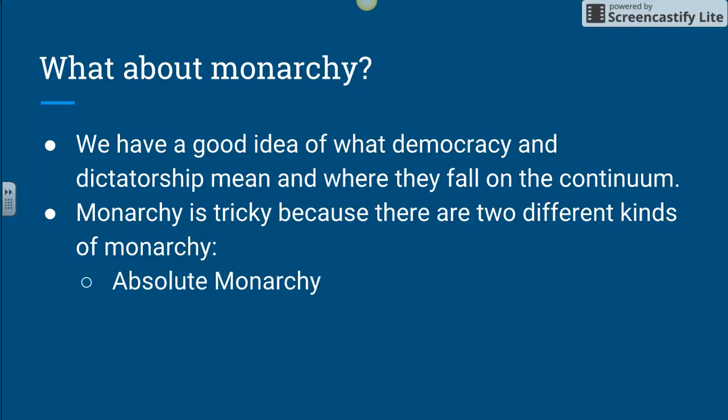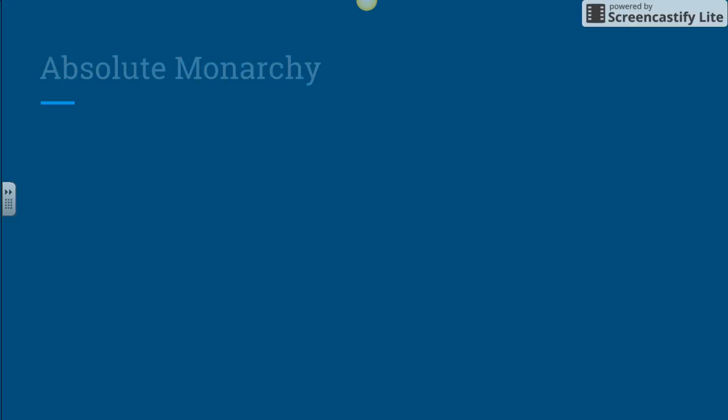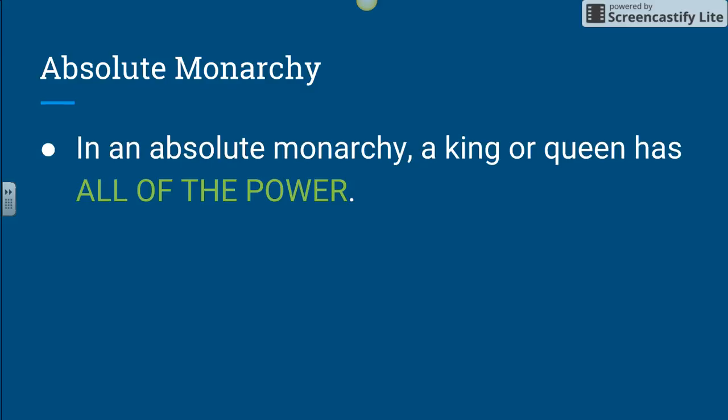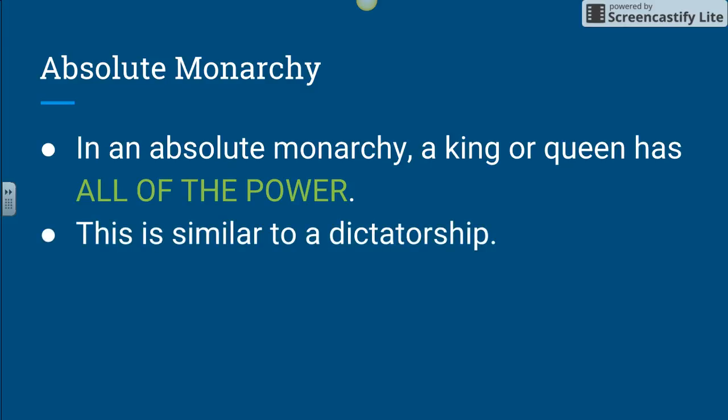There's absolute monarchy and there's constitutional monarchy. In absolute monarchy, a king or a queen has all of the power. An absolute monarchy is similar to a dictatorship.